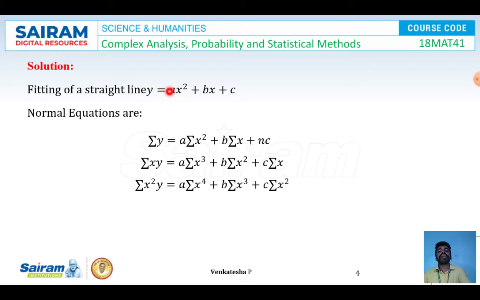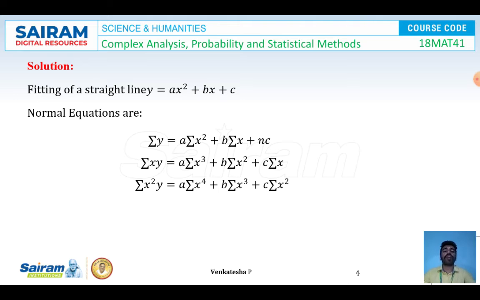Next, multiplying by x² and applying summation, I got Σx²y = aΣx⁴ + bΣx³ + cΣx². Now our job is to find the values of Σy, Σx², Σx³, Σx⁴, Σxy and Σx²y.